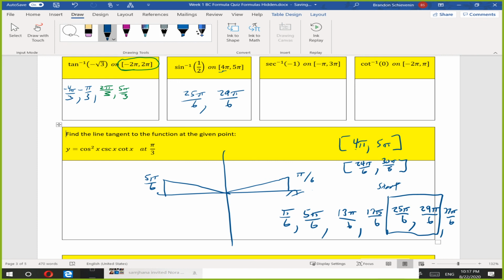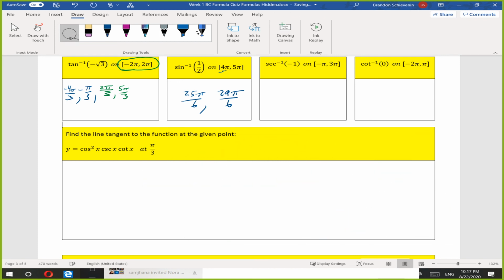I'm looking for where the secant is equal to -1. Secant is 1 over cosine, and the cosine is -1 only at pi.